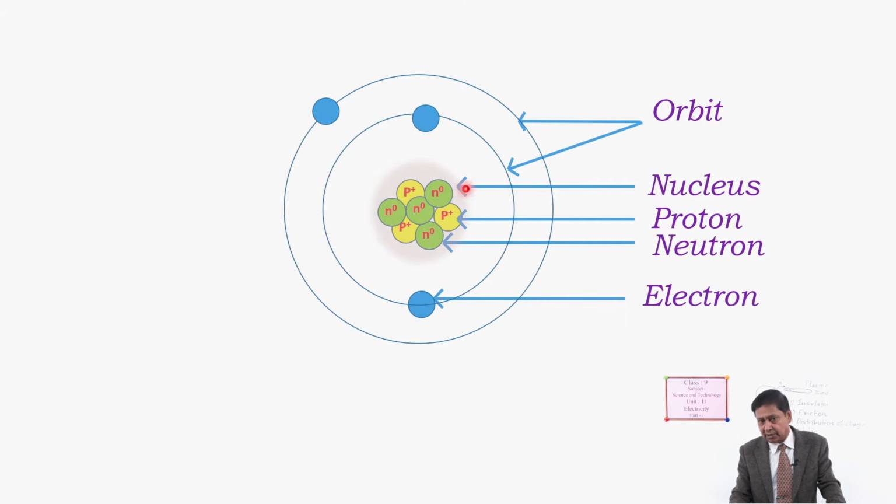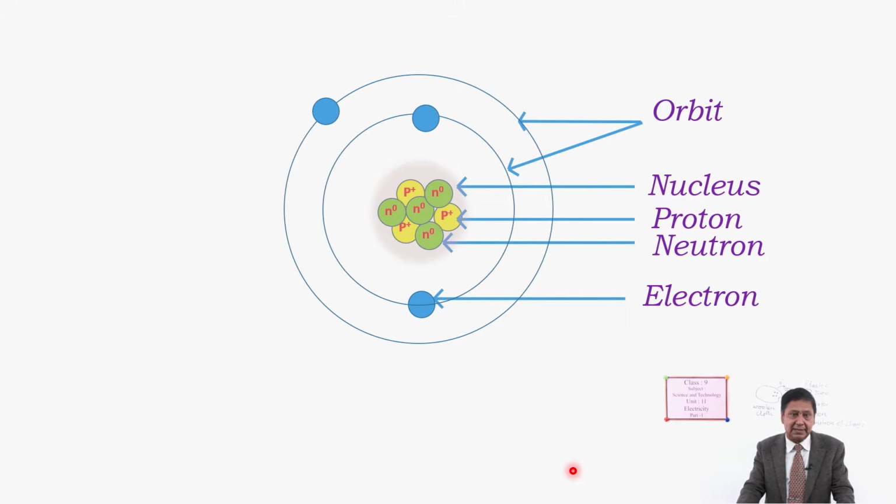In the nucleus we have protons, which are symbolized by P plus, and neutrons, which are symbolized by N0. The arrow mark may be a little confusing, but it says that the whole central part is the nucleus. Okay, now I want to go to current electricity.